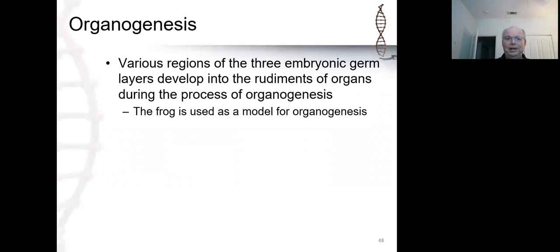So once gastrulation has taken place and you've got the three germ layers in place, the next thing is the beginning of organogenesis.